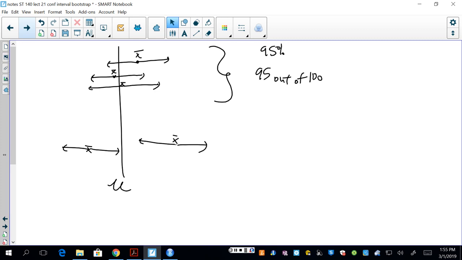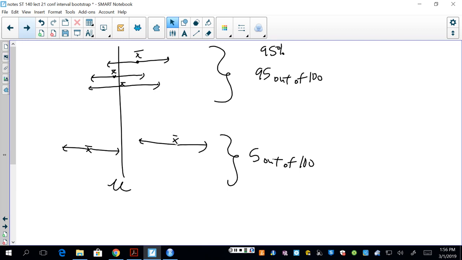But some miss, 5 out of 100 are going to miss, either high or low, depending on things, just by chance. Every once in a while you get an extreme result, you get an unusual sample. It's going to happen in your lifetime, and so some are going to miss. If you have pretty big sample sizes, even if it misses, it's probably not going to miss by a whole lot, but it still misses.